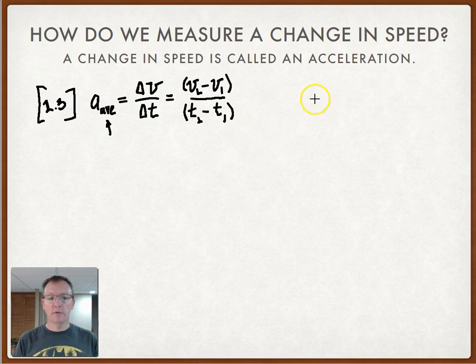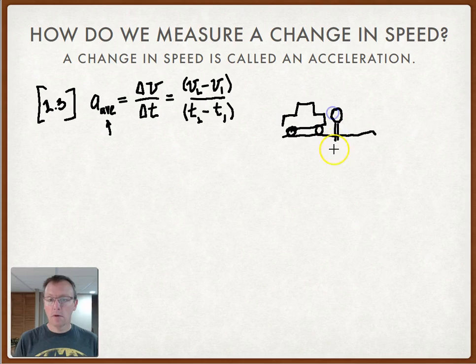Let's imagine that we have an object that starts, just to give you an example, we have a car. So I'll go ahead and draw out a car here. There we go. And it starts out at a stop sign. And then after, let's say, 2 seconds, it's now over here. So we know that it's moved, and it has a speed.